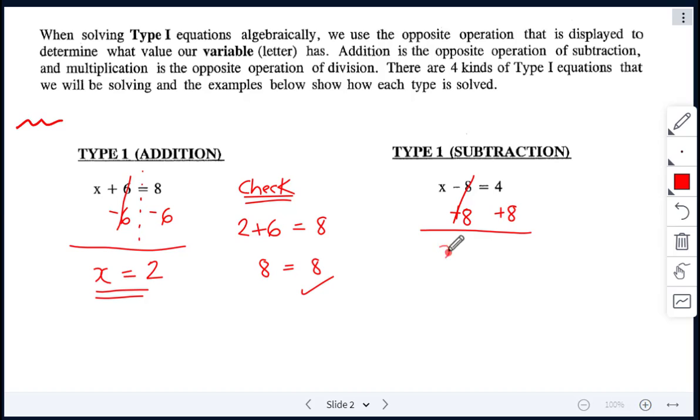So we're left with x on the left-hand side, and then 4 plus 8 is 12. And again, you can do that check where you do the substitution. So x is equal to 12, substitute it into the equation. 12 minus 8 equals 4. 12 minus 8 does equal 4. So our equation 4 is equal to 4 is correct.